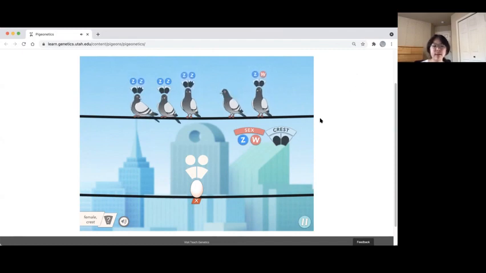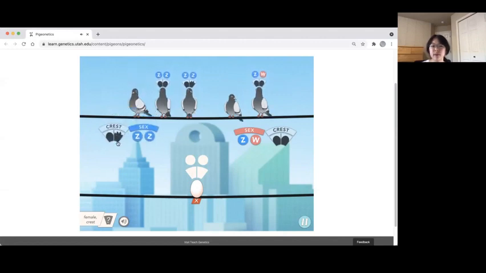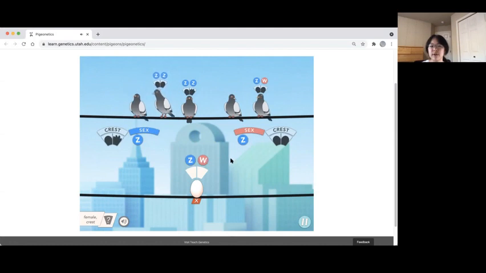Okay, but anyways, we will not be using pigeon number 2 because it does not have the crest allele like the other two pigeons. The other two are basically the same. We will be using a female combination of these.